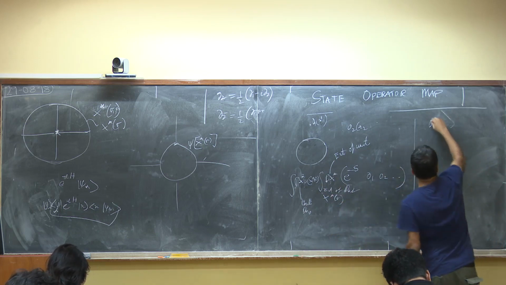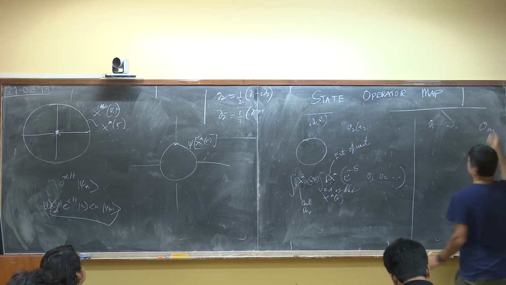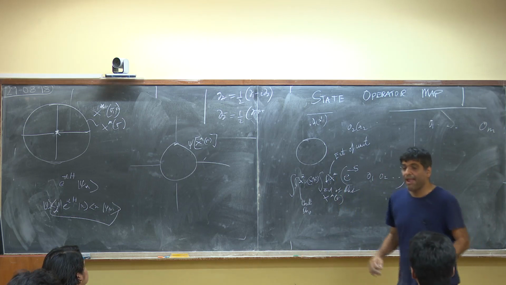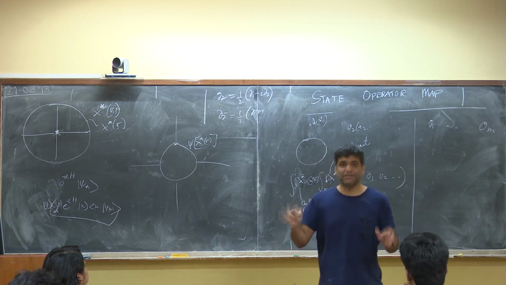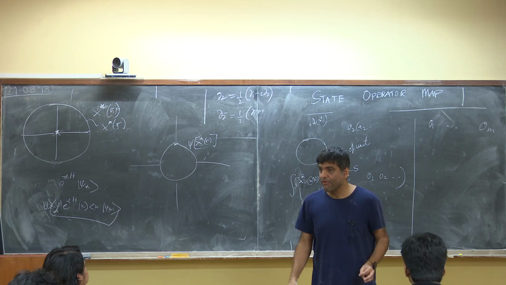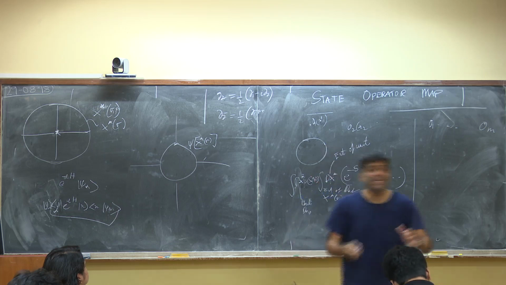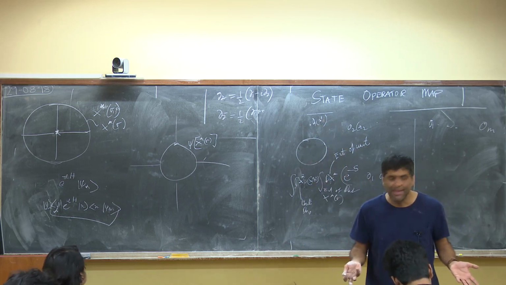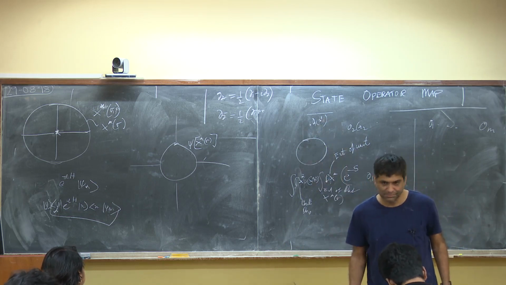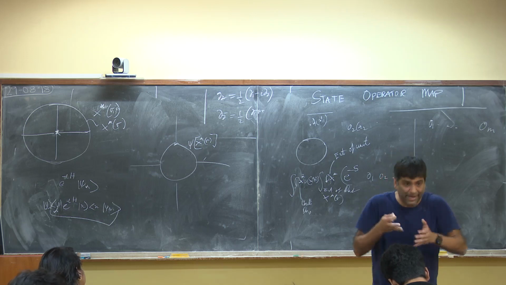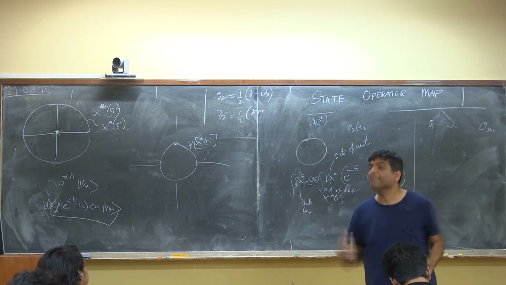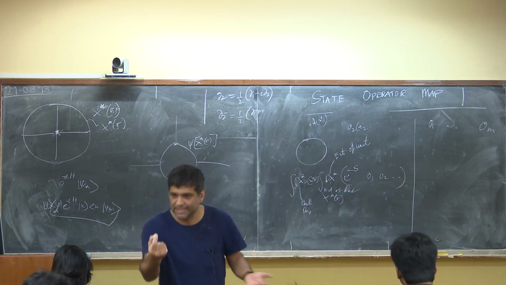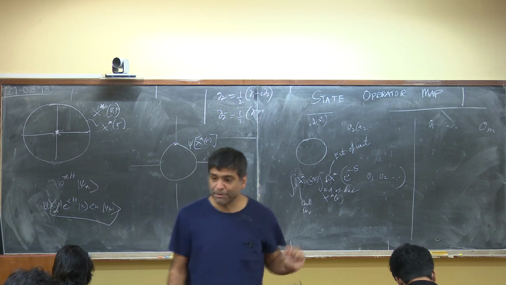Okay? Your operators were O1 to OM. And I'm going to define a new operator, let's call it B. Okay? In order to do that, what I need to do is to tell you the rules for arbitrary numbers of insertions of B and all other O's inside the path integral. When I insert some operators and I do the path integral, I get a number. So what I need to do is to give you a rule for how to compute the number when I insert this operator.